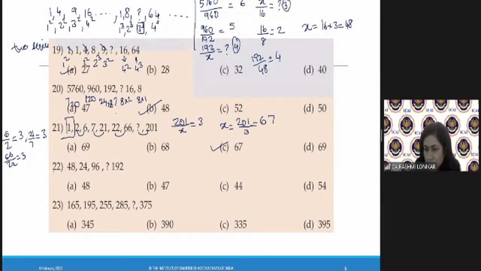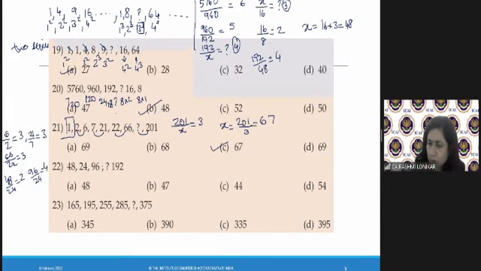Next sum is 4, 24, 96 and 192. So what can be the difference? Here 48 divided by 24 is 2. 96 divided by 24 is 4.